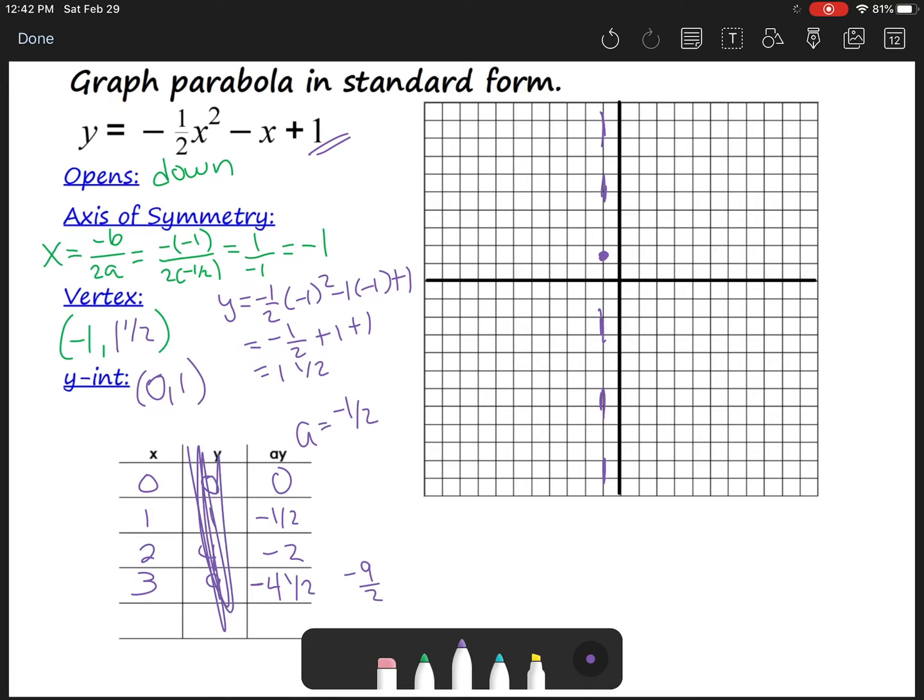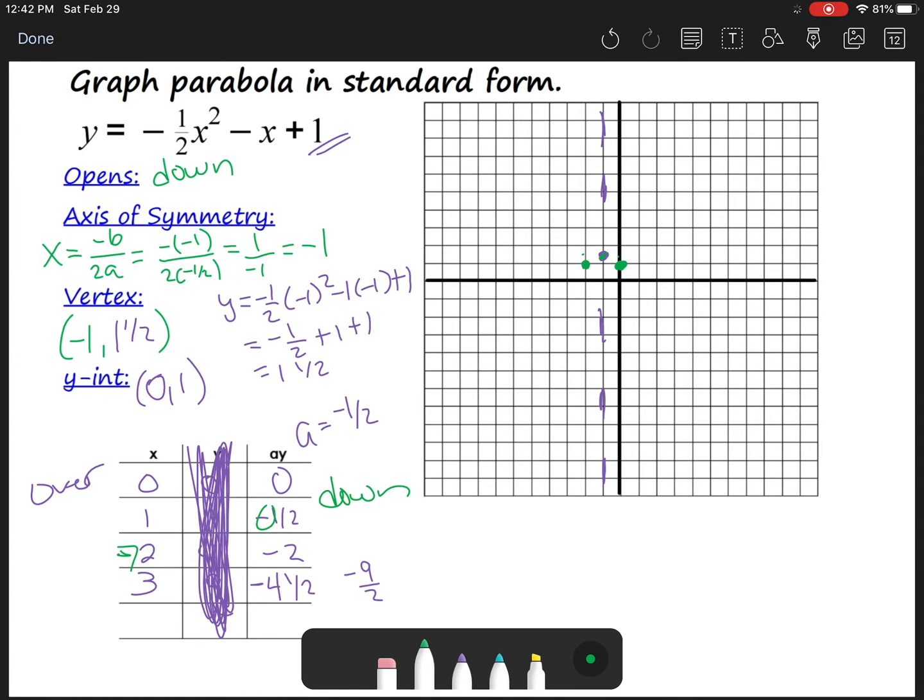Notice that my AY column changed, so I'm done with this middle column. I'm going to start at my vertex. I'm going to go over my x value, and since these are negative, I'm going to go down. Okay, so starting at our vertex right here, we go over 1 and we go down half. And notice how that's our y-intercept. Then we do it on the other side, over 1, down half.